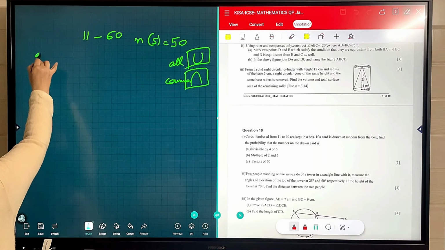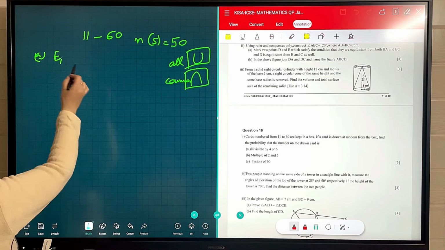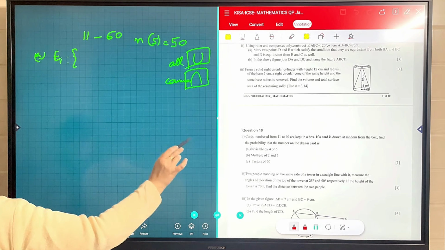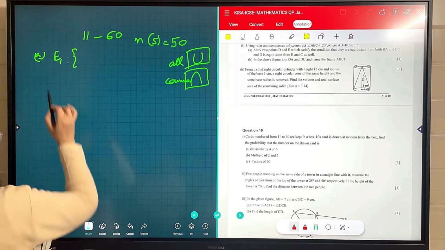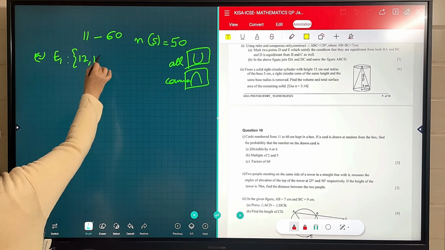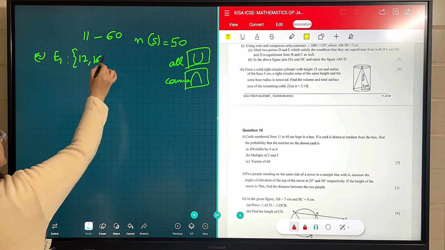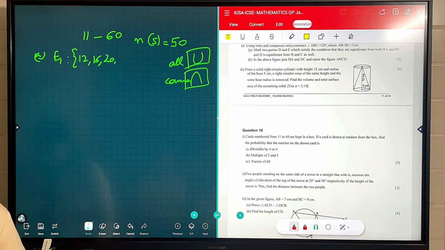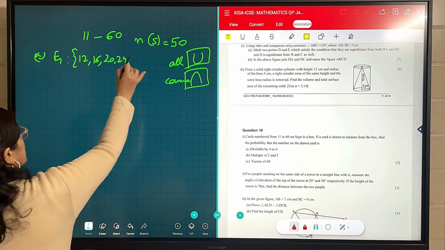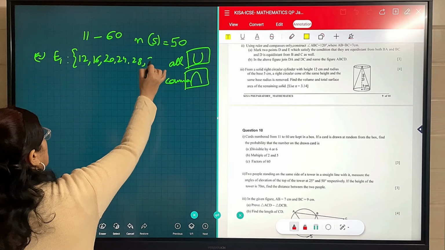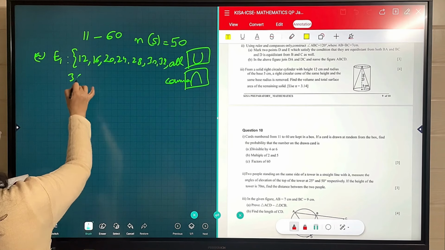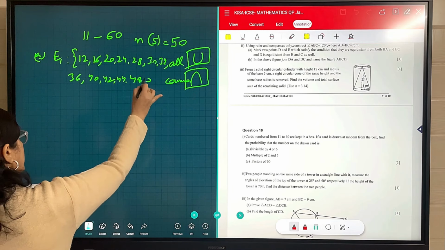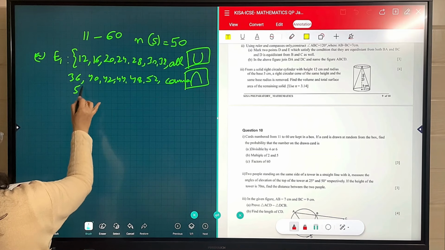Now for the first part, we can take event 1, E1. In event 1, what cases can we have? Divisible by 4 and 6. So first you write the multiples of 4, then you can write those of 6 also. So we have to combine all the numbers. So take the table of 4: 12, 16, 20, and we have to go up to 60. 20, 24, 28, all these numbers are there, 28, then 30, then 32, then coming to 36, 40, 42, 44, 48, 52, then 56 and 60.